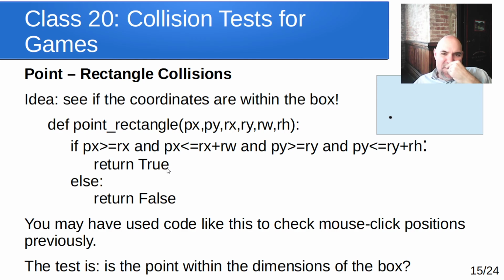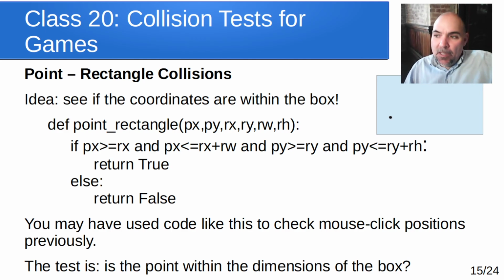You may have used code like that to check mouse clicks on previous labs where you have to click in a box to exit the program. There were some bonus points given for doing stuff like that previously. So if you did that, then you may have implemented this before. That's essentially the idea: are the coordinates of that point within the bounds of this rectangle, both along x and along y?